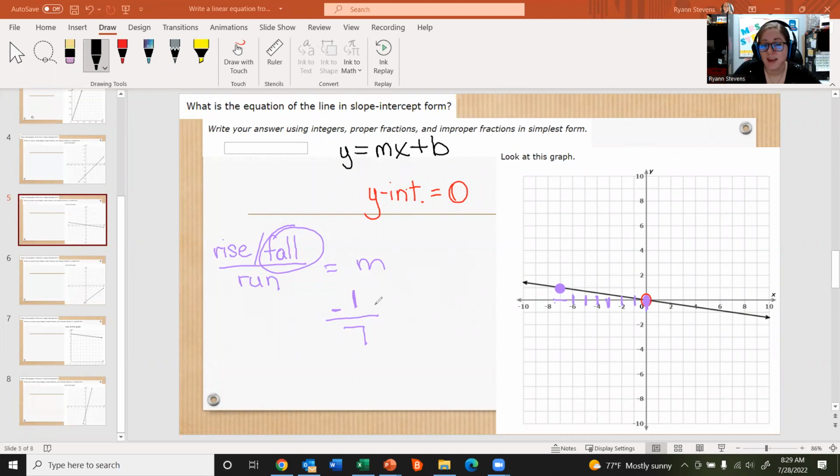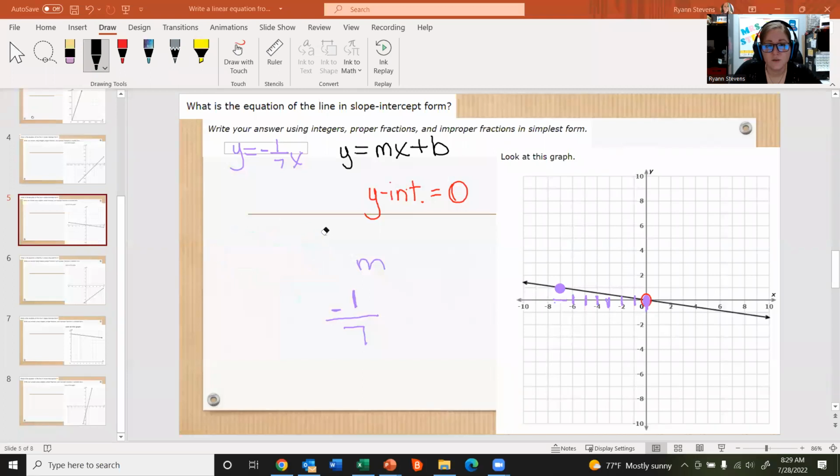So this is going to be -1 over 7. Our slope will be -1 over 7. I'm going to write this up here: y equals -1 over 7x. And then I'm just going to erase this.